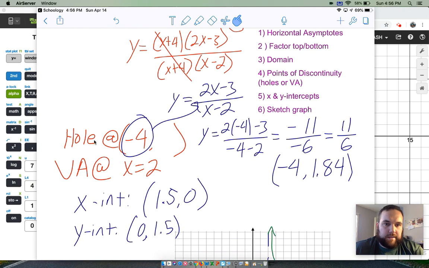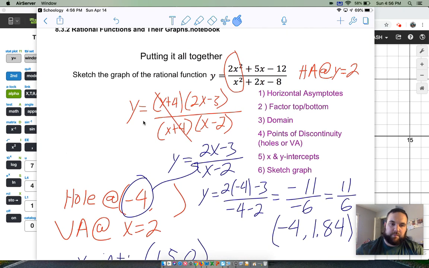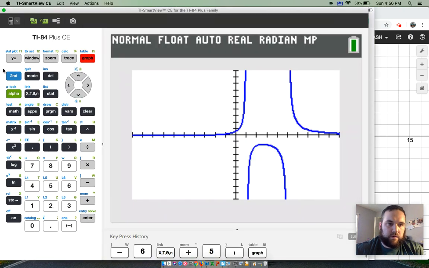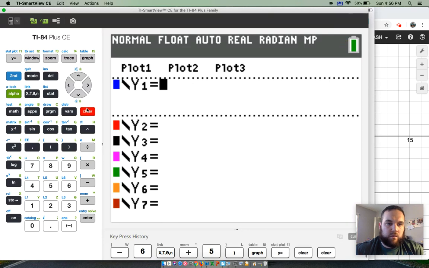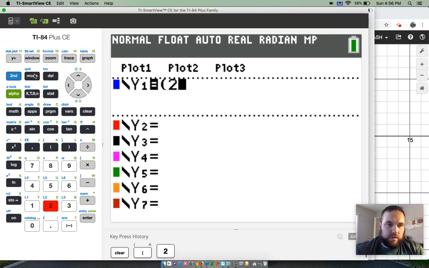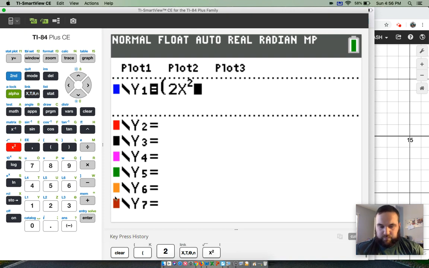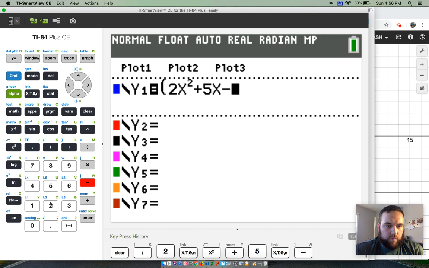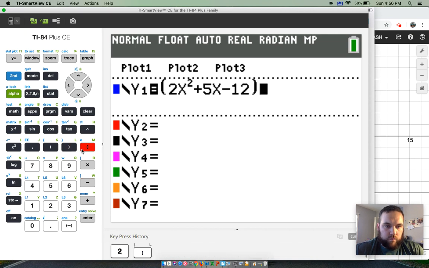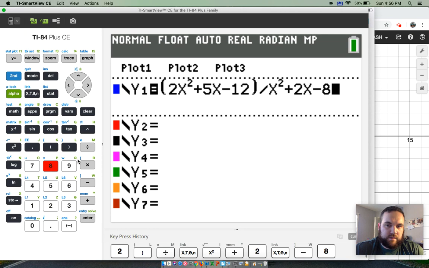I'm pretty sure if we type this into the calculator, I can type in the simplified version, or I can just type in the original: 2x squared plus 5x minus 12 over x squared plus 2x minus 8.